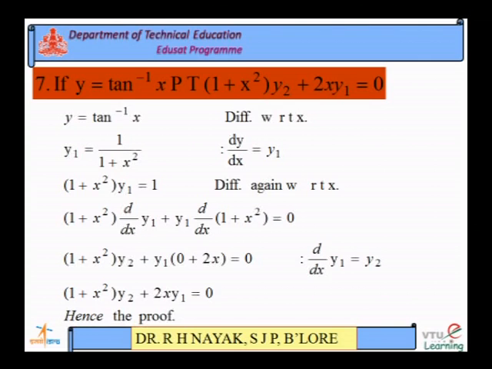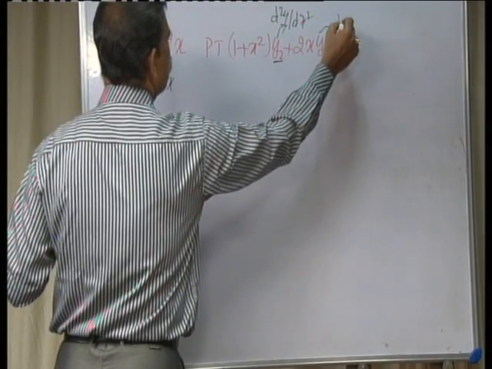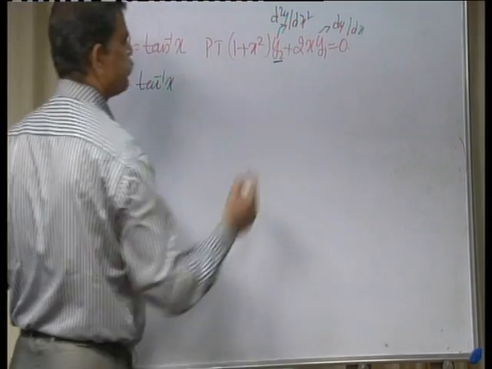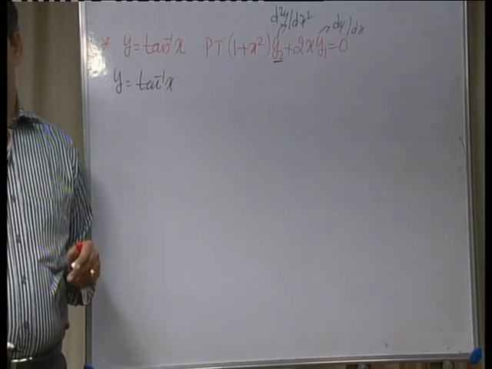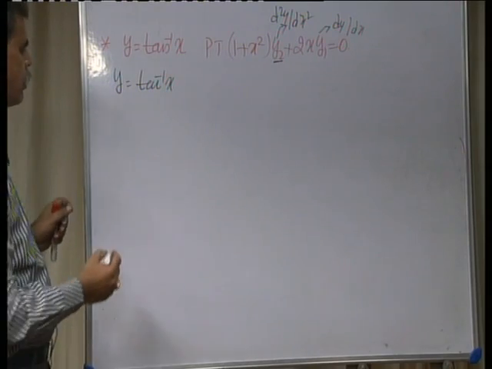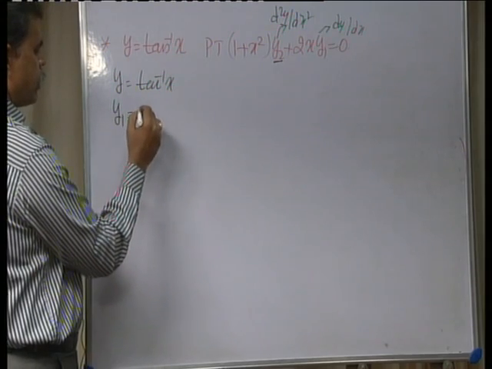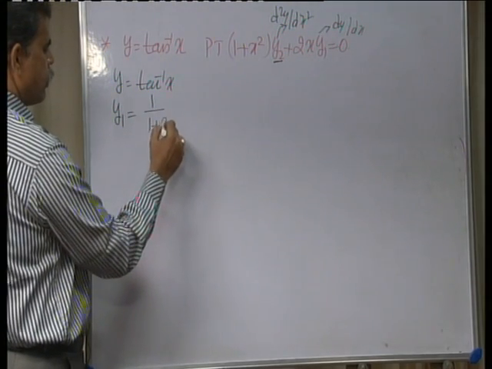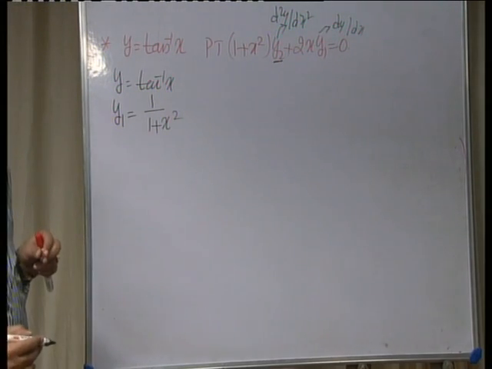You take y equal to tan inverse x. y2 is nothing but d square y by dx square, correct? y1 is dy by dx. So y is equal to tan inverse x. If you differentiate this, we will get y1, which is dy by dx, the derivative of tan inverse x, 1 by 1 plus x square.